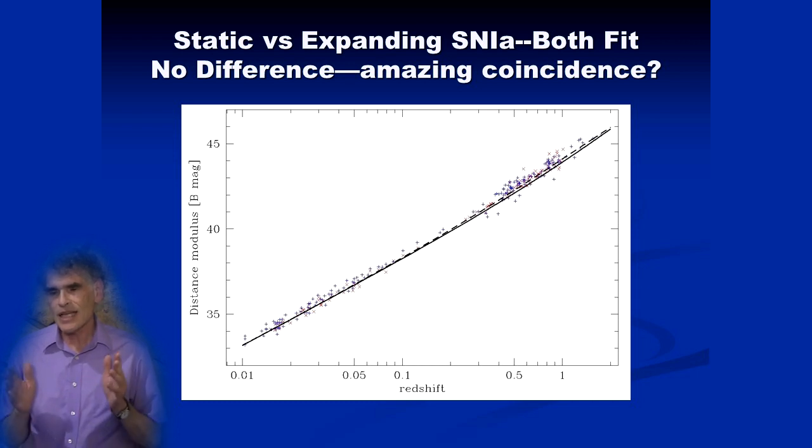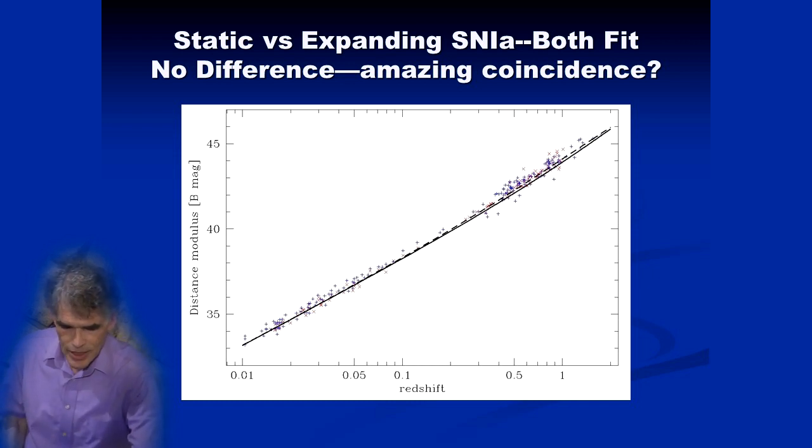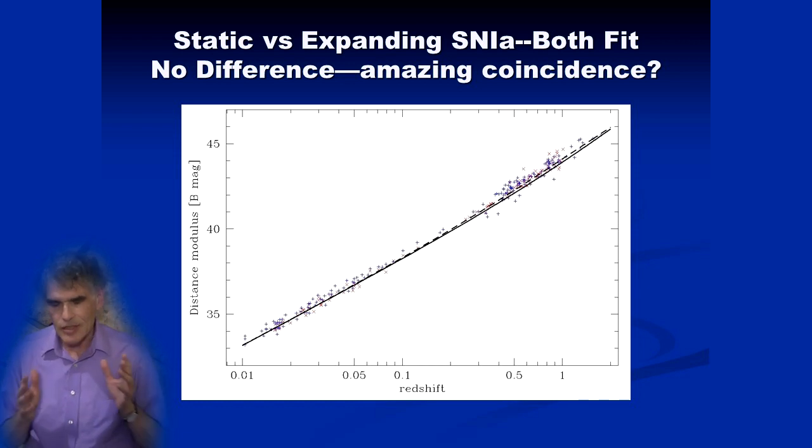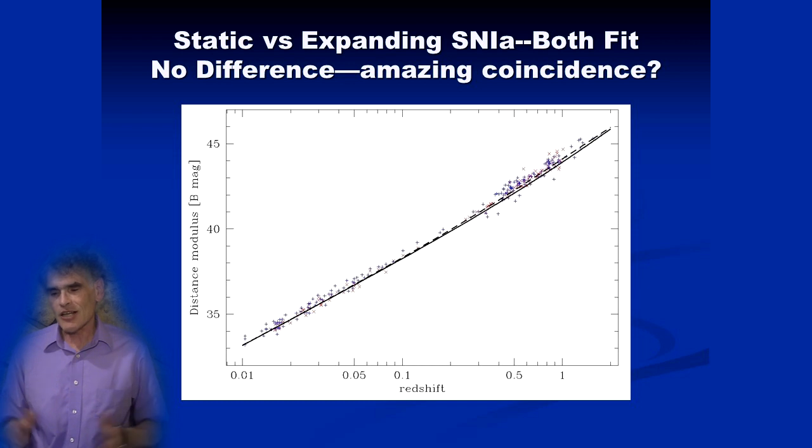The bottom line is simply the prediction on the basis of the static universe with a linear relationship between the redshift and the distance. These actually correspond to a fraction of a percent, which perhaps you could say was an amazing coincidence, but we'll see.